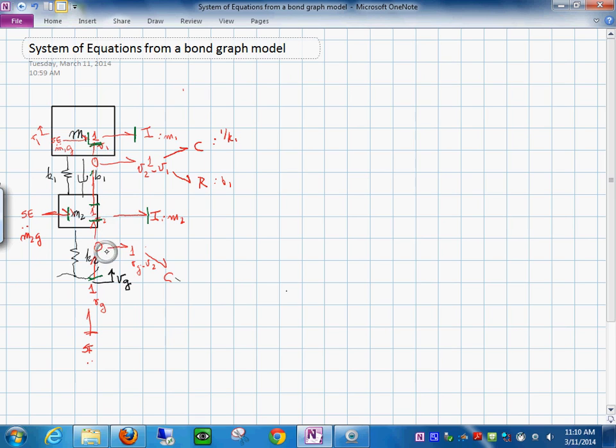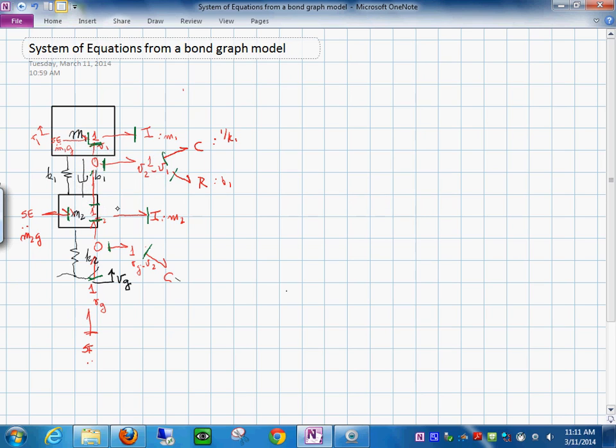When you have two like this, it forces this to be like that because of the one flow, and then this too will have to be in integral form for the C element. So once these two are like that, it forces this to be like this, because there is only one effort input to the 0 and one flow over here. And then this is going to be like this.